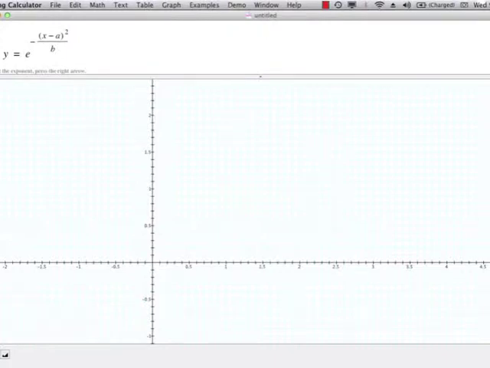If I make b less than 1, it's going to get more narrow. So b is going to determine the width of my function, or the horizontal stretch. So b in this case is the horizontal stretch, and a is the horizontal shift.